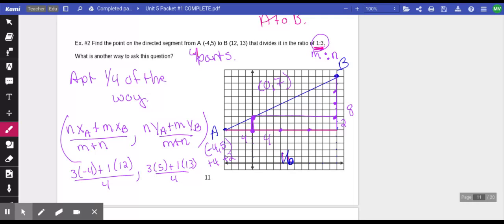And I calculate that because this is my point. So 3 times -4 is -12 plus 12. Oh, that's 0. 3 times 5 is 15 plus 13. That's 28 divided by 4 is 7. You may, on any test or quiz, the Regents, do it graphically or using the formula.